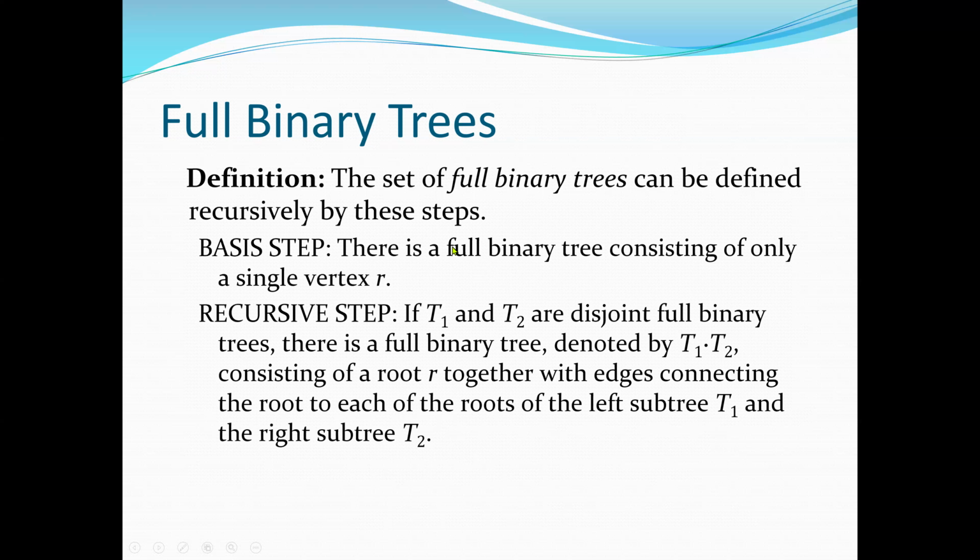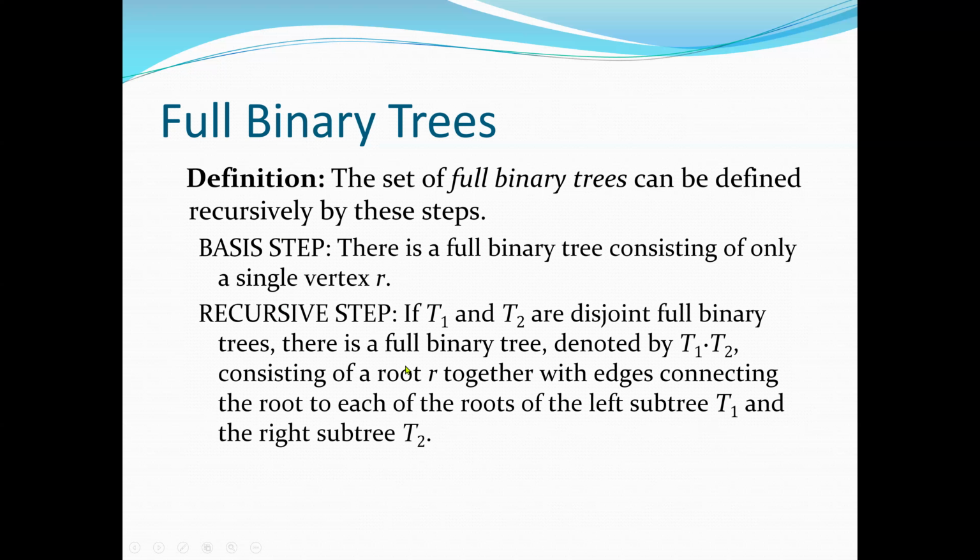At least we have only one vertex, and it can be the root, because if we have no root, we cannot build a tree. So the basic step is that there's a full binary tree consisting of only a single vertex R. Since it contains only one vertex, that's our root, and also that will be the basis, the smallest unit.